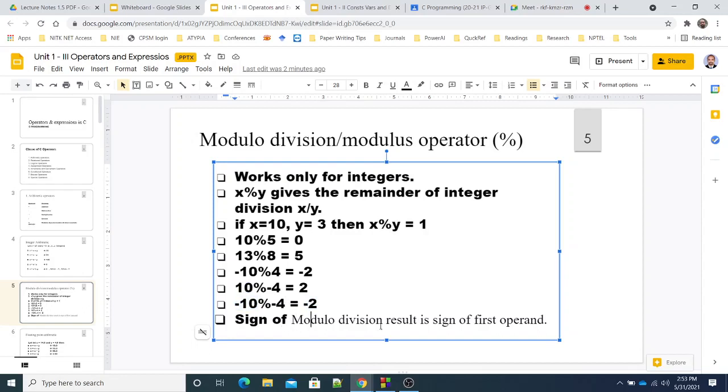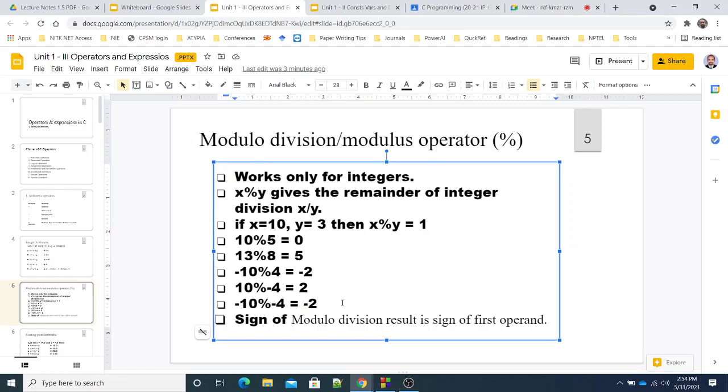The sign of the modulo division result is the sign of the first operand. Here in all three places you can see that property is maintained. Minus 10 mod 4 is minus 2. 10 mod minus 4 is 2 because the sign of the first operand is positive. Then minus 10 mod minus 4 is also minus 2.